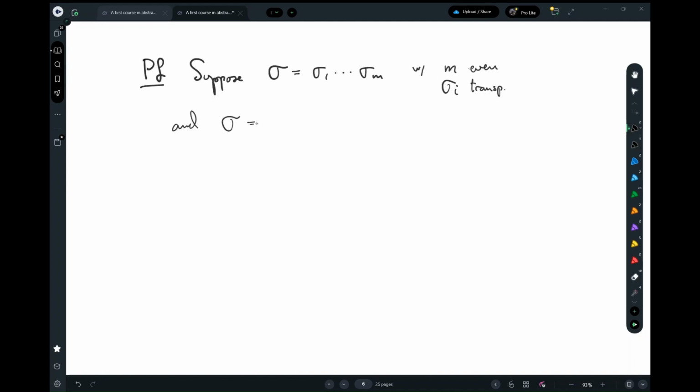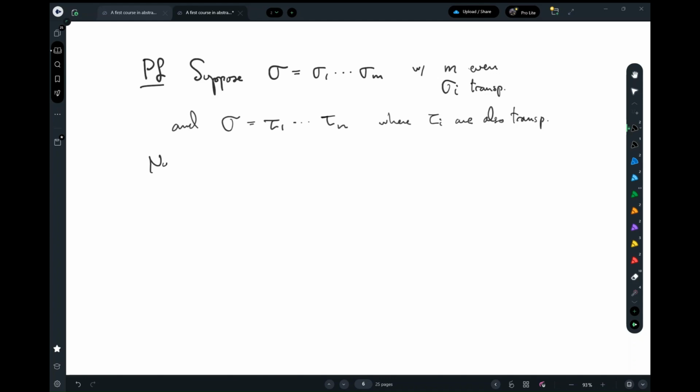Suppose that I have another way of writing it as tau 1 through tau n, where these tau i's are also transpositions. So let's prove that n is also even.